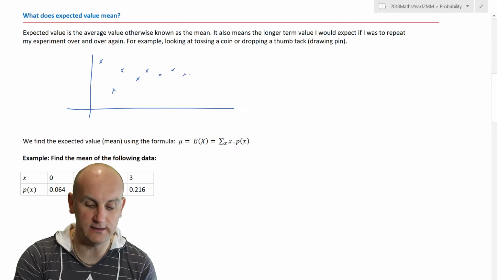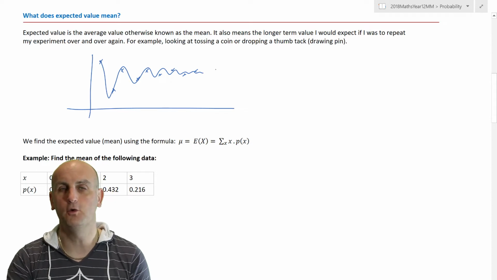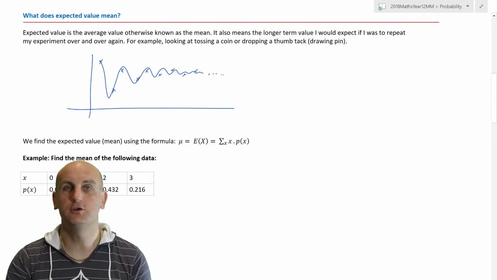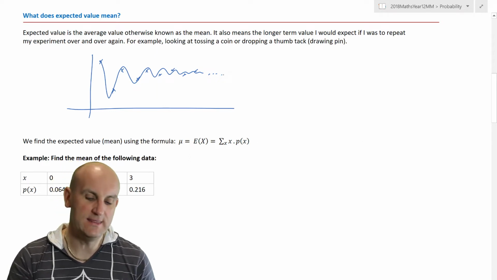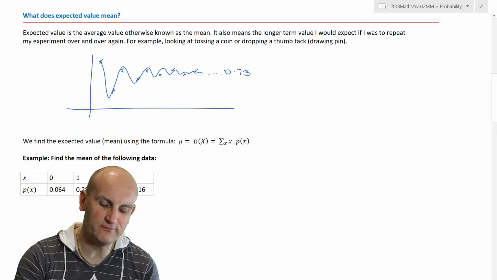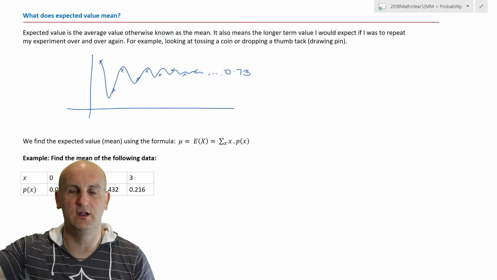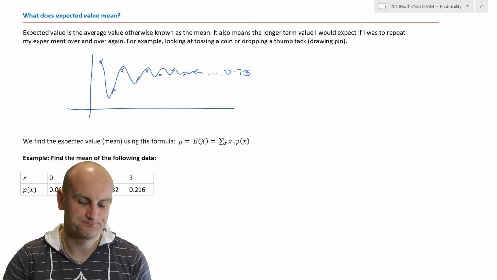And what we found was that the graph, the more throws we did, tended to wobble, getting closer and closer to this expected value. In this situation, I think it was about 0.73 was the expected value of landing point up. But it's this wobbling effect that says it was going to get closer and closer to being more likely point up.